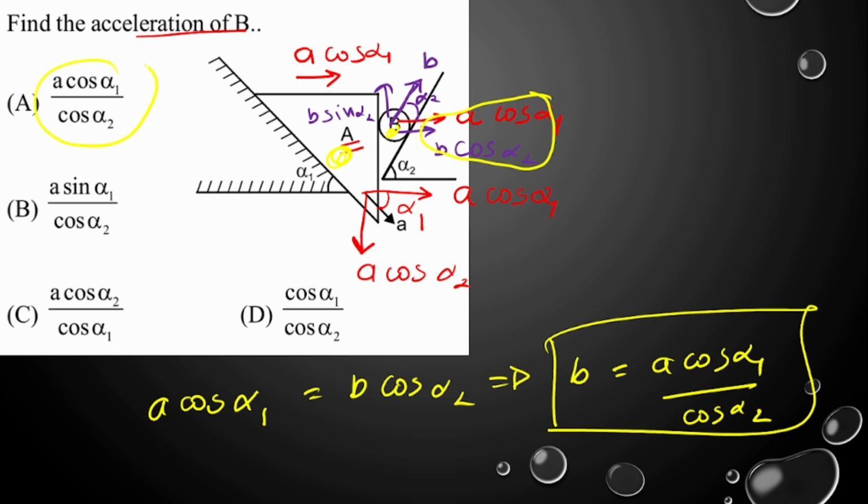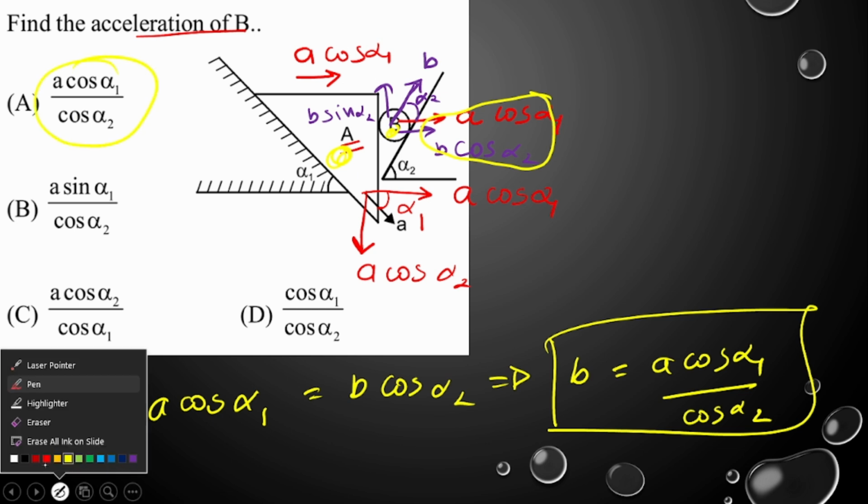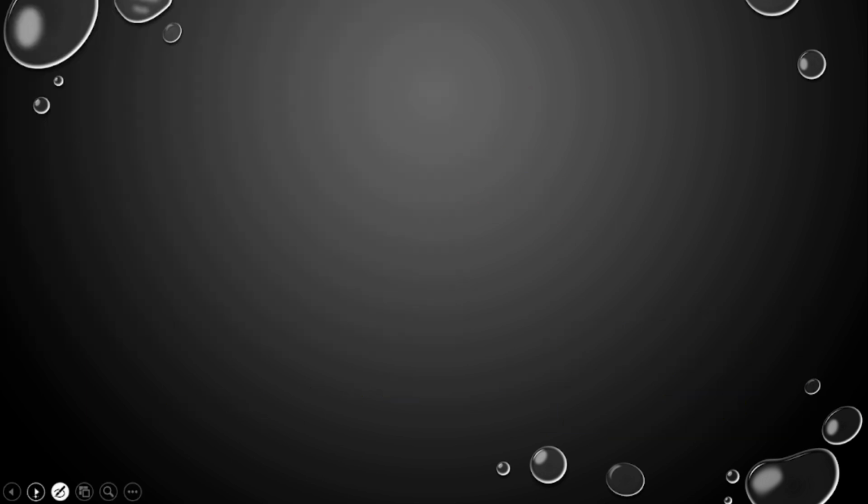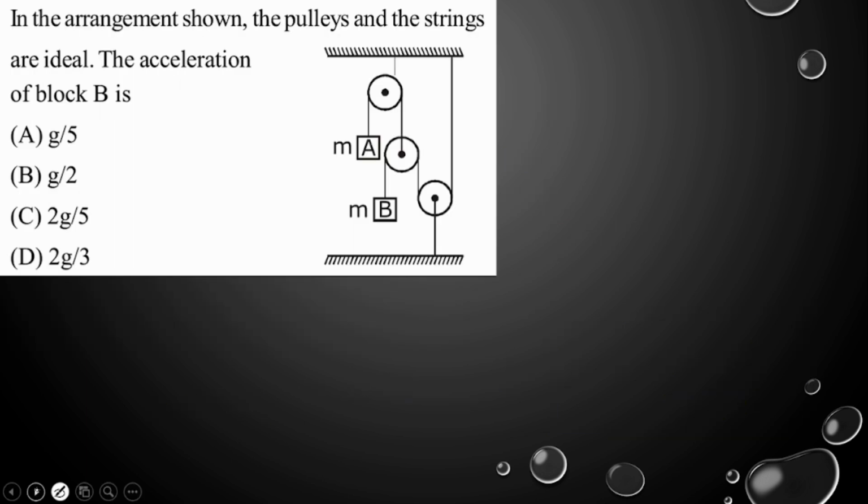Okay. So the next question is: in the arrangement, the pulleys and strings are ideal, what is the acceleration of block B?